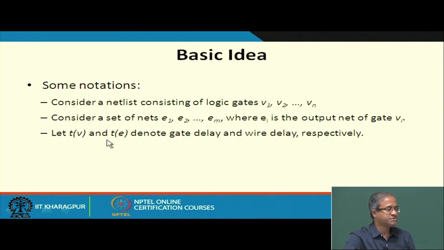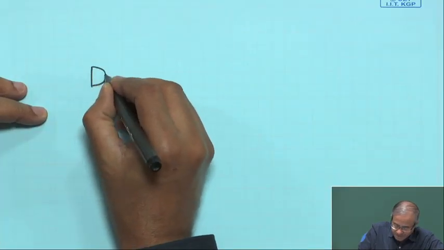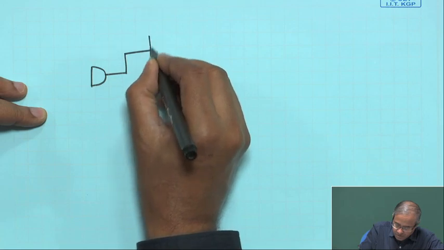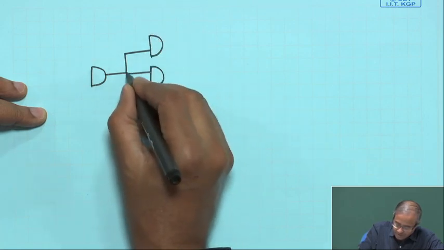First, let us introduce some notations. So, we consider a netlist consisting of a number of gates. Let us call the gates V1, V2 to Vn. Then we consider a set of nets. What is a net? Suppose the output of a gate goes to the input of 3 gates, let us say.